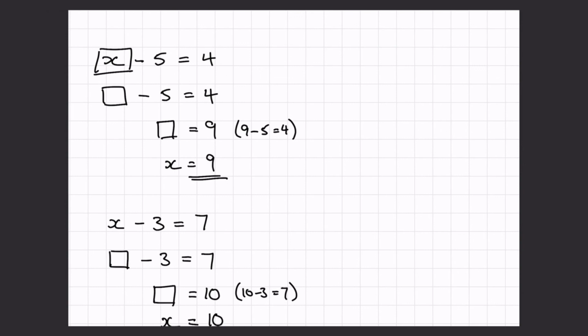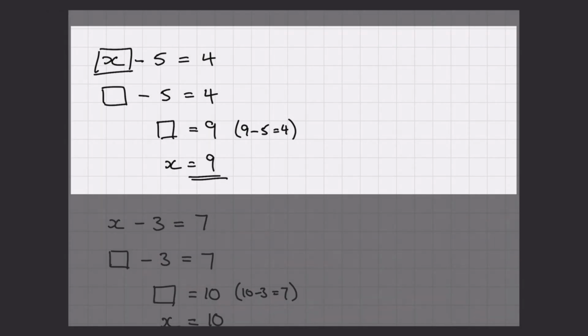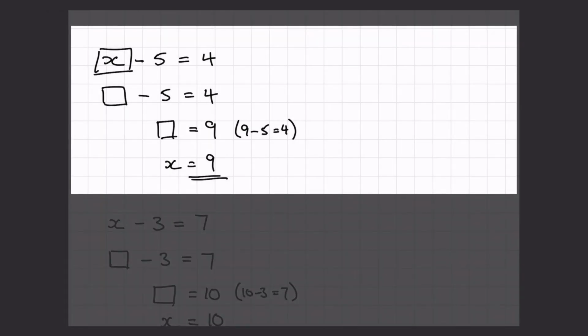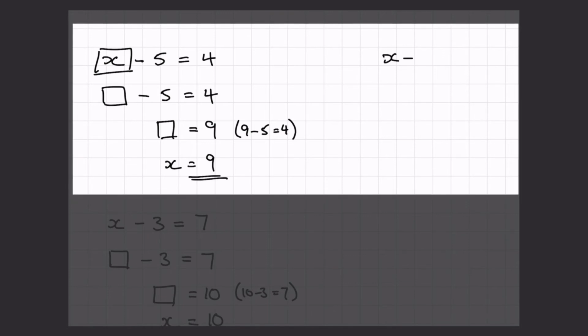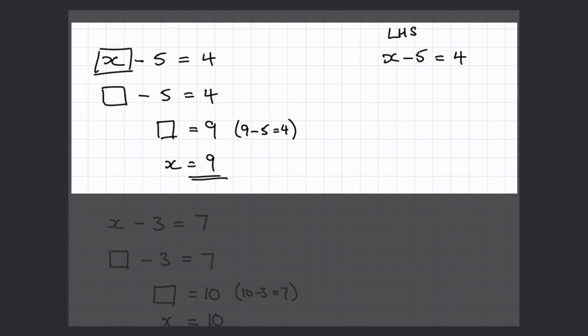Let's look at this equation. X subtract 5 is equal to 4. Here's our left-hand side, and here's our right-hand side. X subtract 5 is equal to 4. We want to get the 5 over to the other side of the equation.